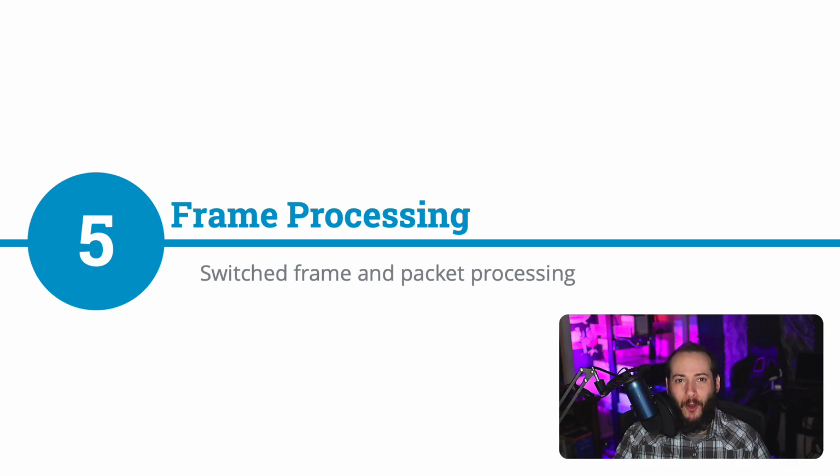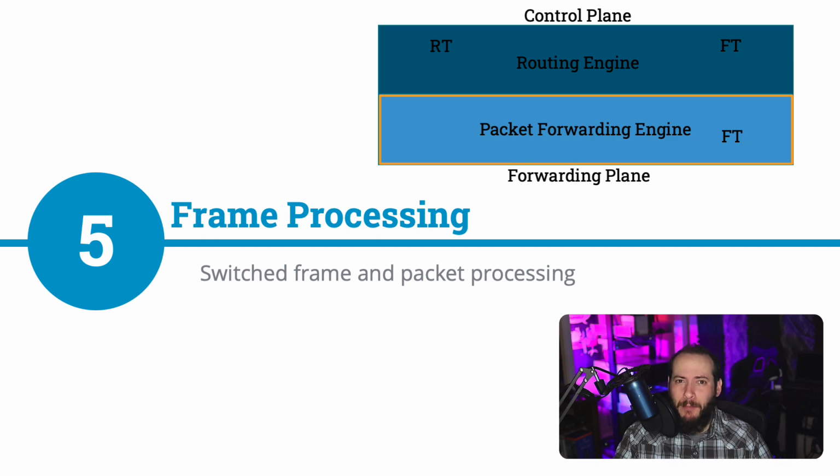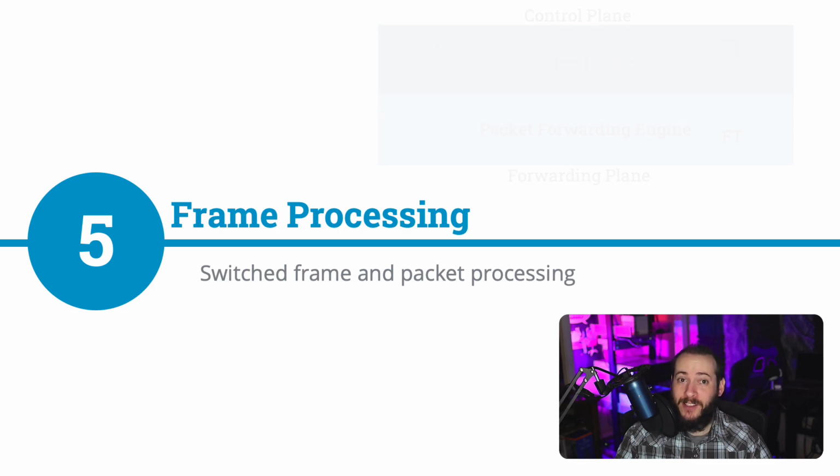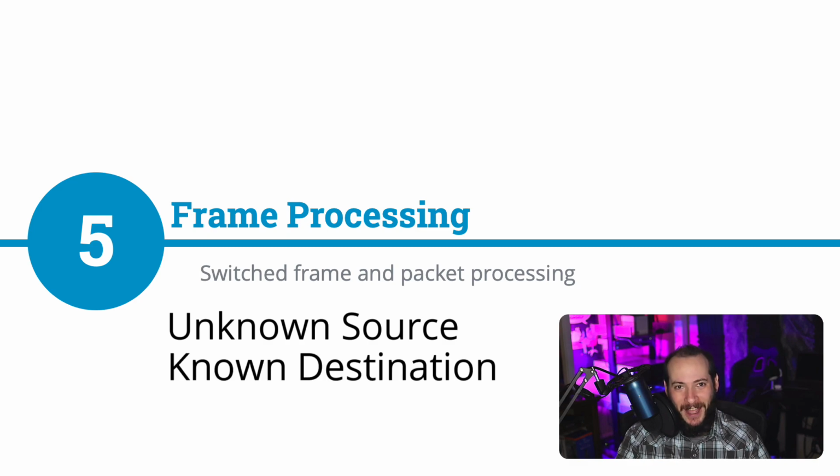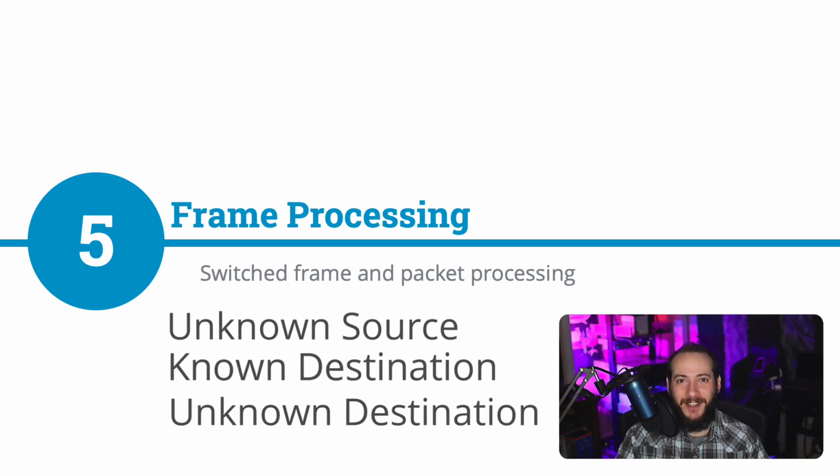You may recall from your studies in the JNCIA Junos that the packet forwarding engine is programmed by the routing engine and is mostly responsible for forwarding transit traffic. In this video, we'll be reviewing the processing workflow used by the switch to handle three classifications of traffic: unknown source, known destination, and unknown destination.